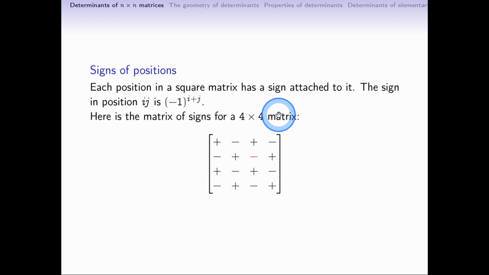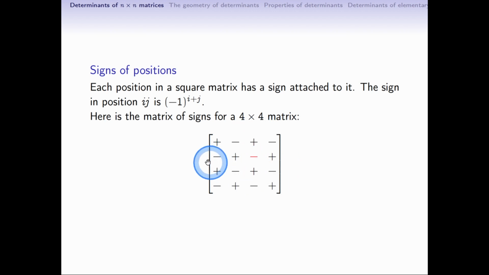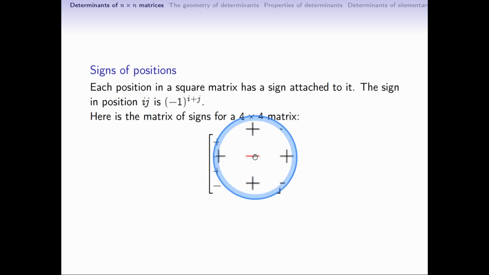Now, here's the matrix of signs for a 4 by 4 matrix, and you can see that they form an obvious checkerboard pattern. Now, let's take a look at this position here, and let's understand why that has a minus sign attached to it. That is in row 2 in column 3 of the matrix, and since 2 plus 3 is 5, which is an odd number, that position has a negative sign attached to it.